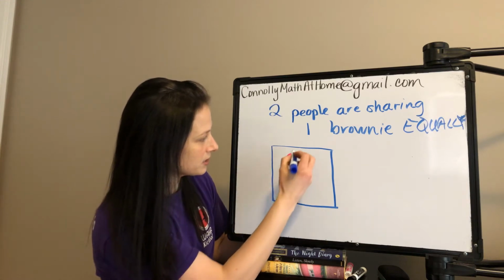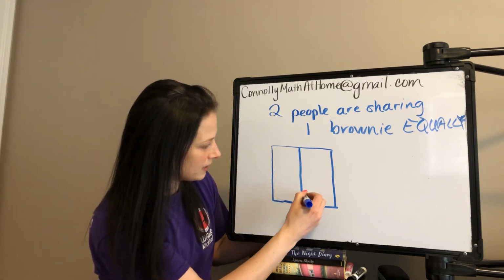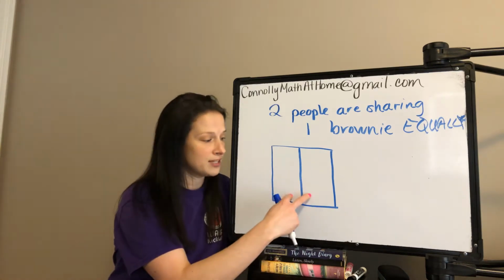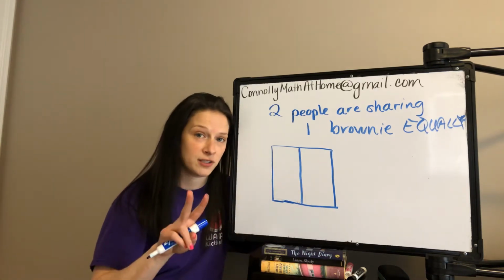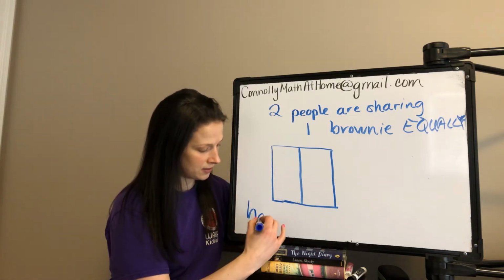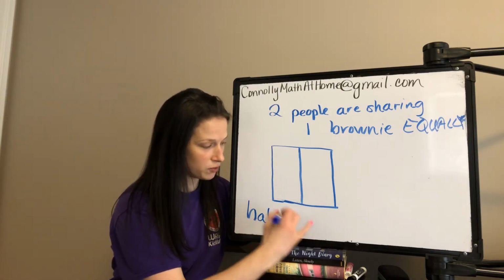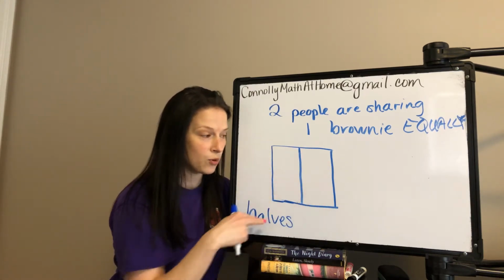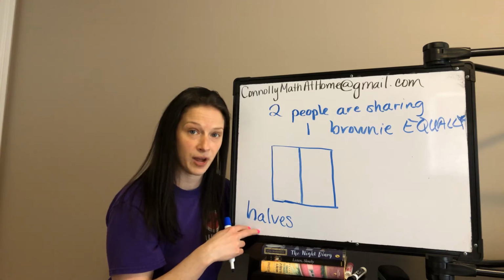When we're thinking about fractions, we're thinking about perfect equal shares. So what I've done is I split it into 2 equal parts. These parts are known as halves. When we're talking about 2 equal parts of the same whole, this is 1 whole brownie, we're thinking halves, okay?